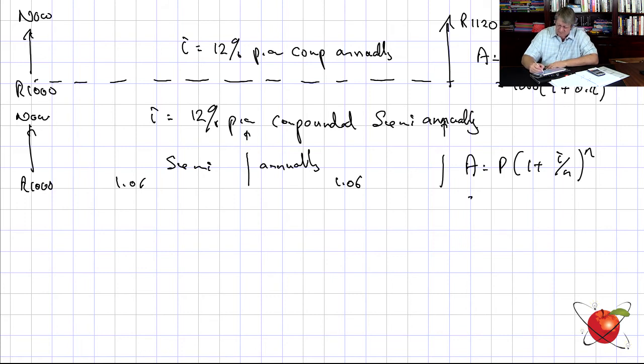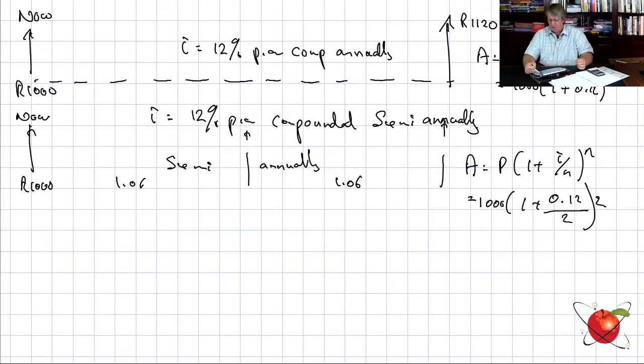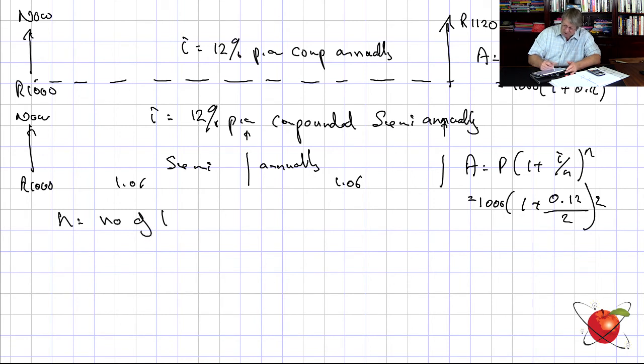Let's examine what I'm saying, but first I want to finish it off. 1,000, 1 plus my interest rate was 0.12 divided by 2, and to the power of 2. n, remember, n is the number of time periods, and we have got 2.